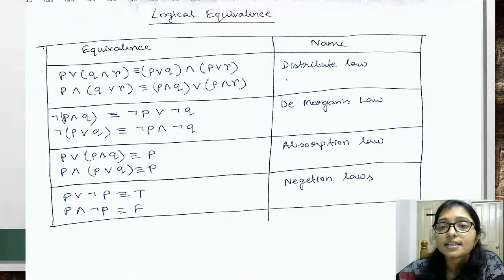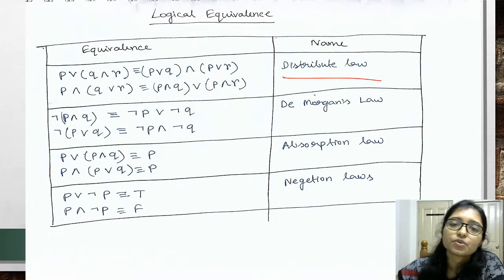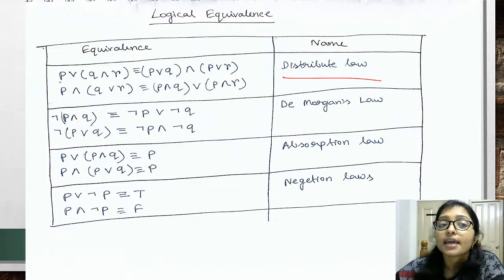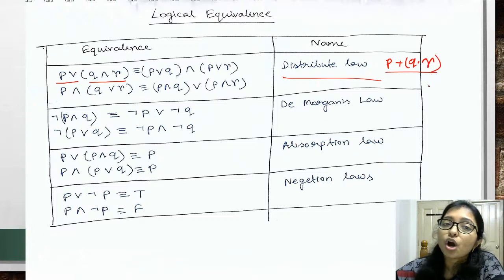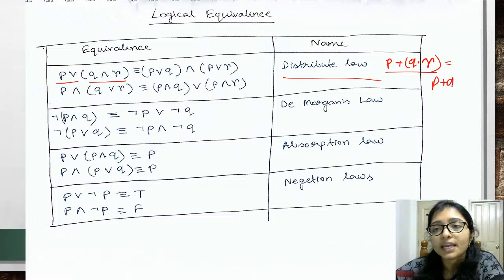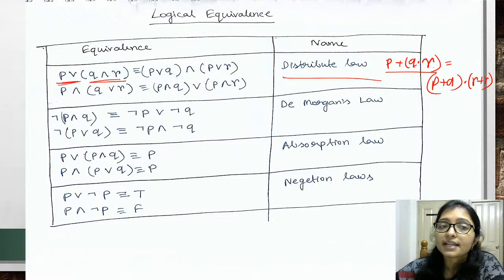Now the next rule is the distributive law. Distributive law, I think we have already discussed. This is the distributive, means here P or, and inside there is AND. Means what we are doing? P plus Q dot R. So what is actually coming? We can write P plus Q dot P plus R, right? That is telling here.